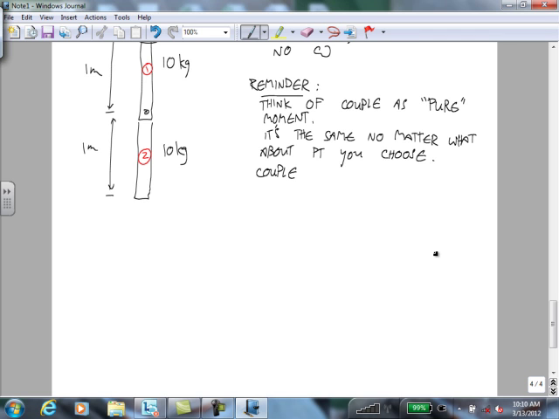So the word couple is because it's created by equal and opposite pairs of forces, couples of forces.